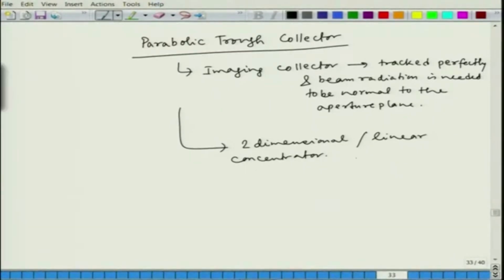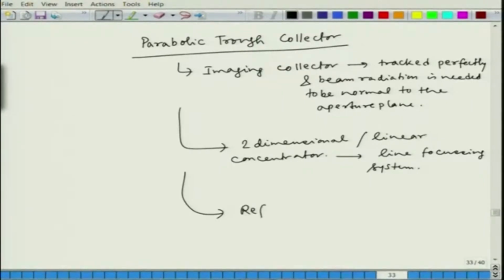So, you can also call it a line focusing system. Okay. And also it is based on the principle of reflection.